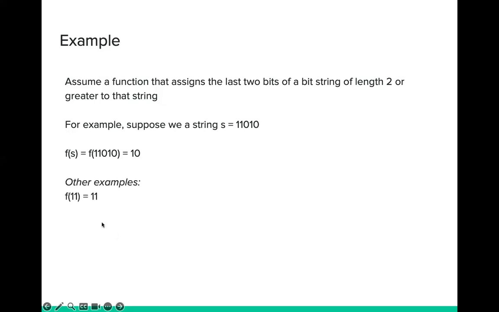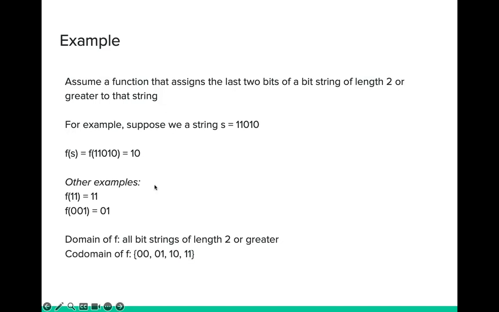Okay, other examples: if we have f of 11, the last two bits of 11 is also 11. The last two bits of f of 001 is 01. So, okay, what will be the domain of f? The domain of f will be the set of all possible inputs, and we have specified here that it is a bit string of length 2 or greater. Okay, and the codomain of f could be only 00, 01, 10, or 11 because we only have these possibilities.